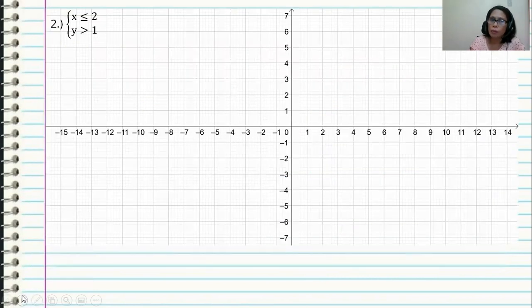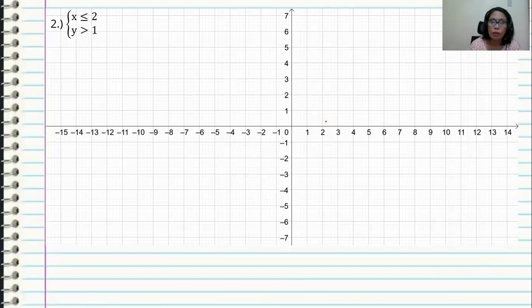Now we have x is less than or equal to 2, y is greater than 1. Take note that both inequalities have only one variable. So either the inequality is a horizontal line or a vertical line. For x is less than or equal to 2, we'll come up with 2 as the constant value.